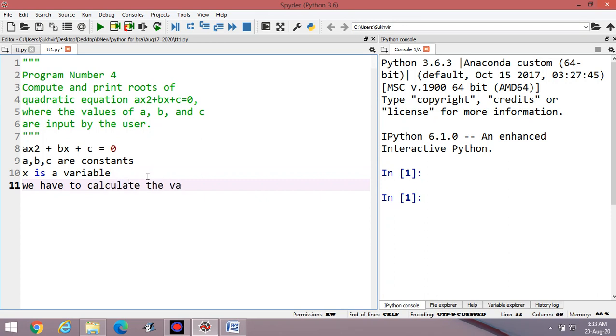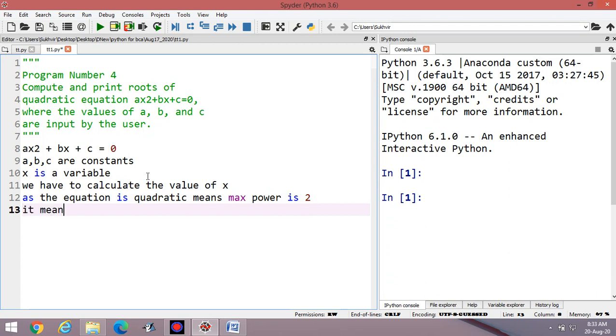the value of x. As the equation is quadratic, it means the maximum power is 2.